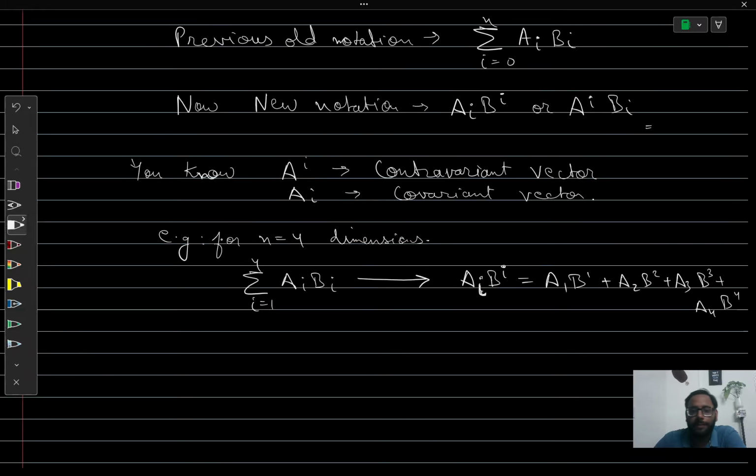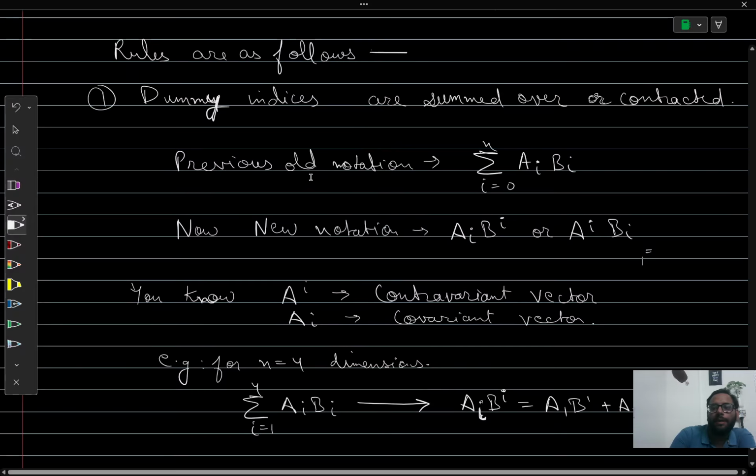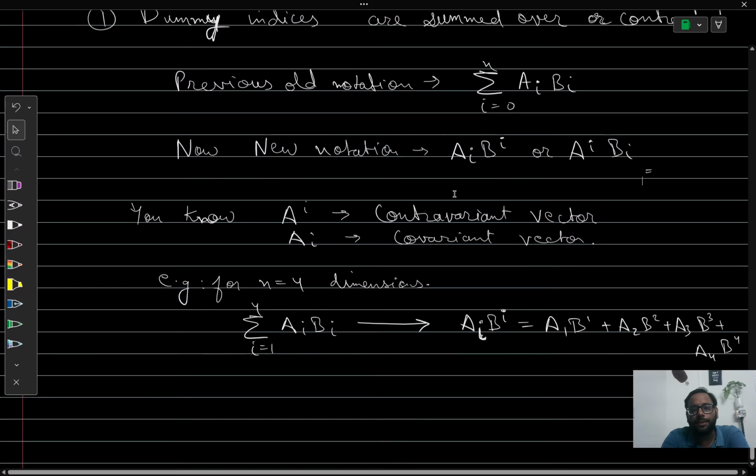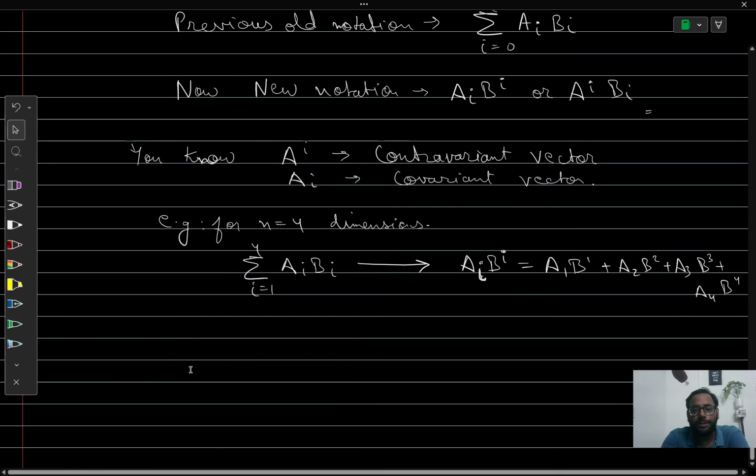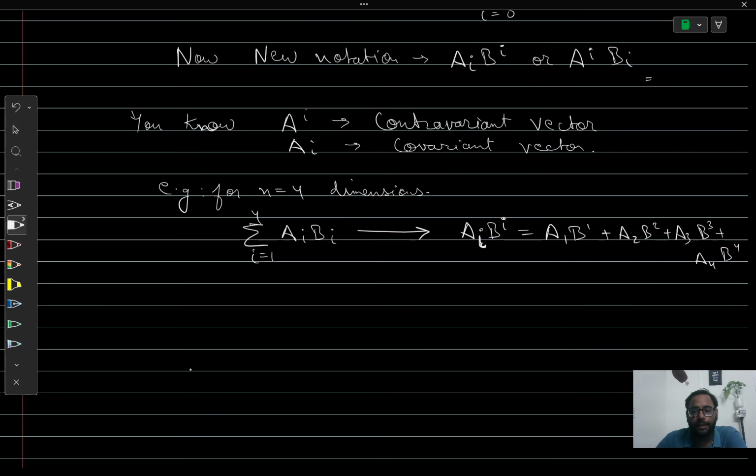You can also expand it; this just means that we are not using the summation sign, and we are writing it in this simple form.